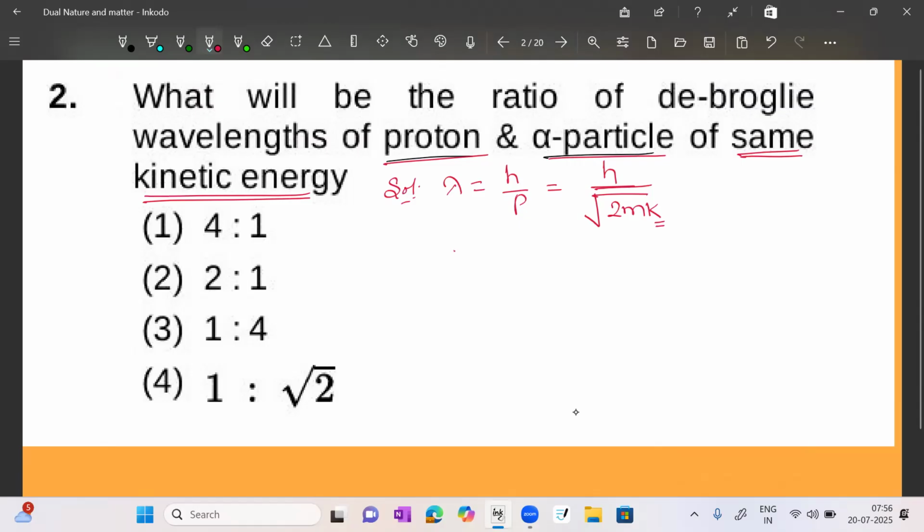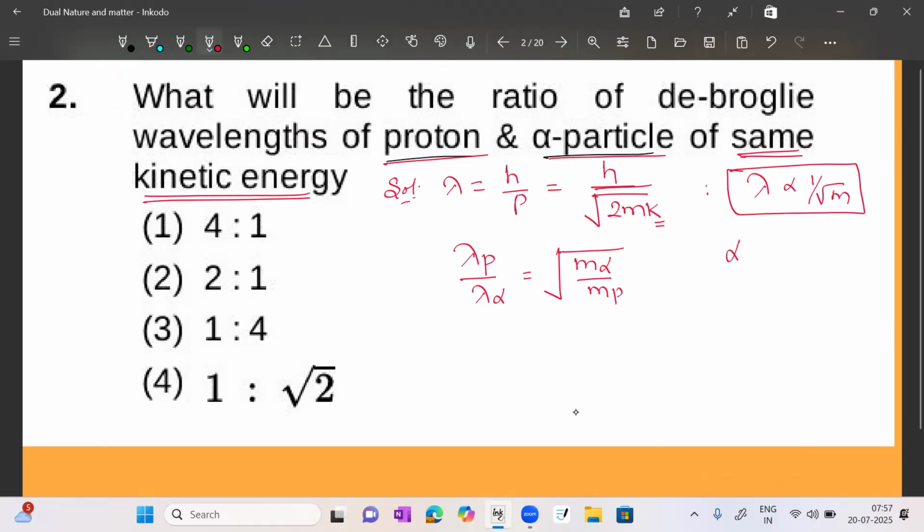Kinetic energy is the same in both cases. So for proton and alpha particle, lambda is inversely proportional to the square root of mass. We know the alpha particle is 2He4, so mass is 4 units and charge is 2 units.